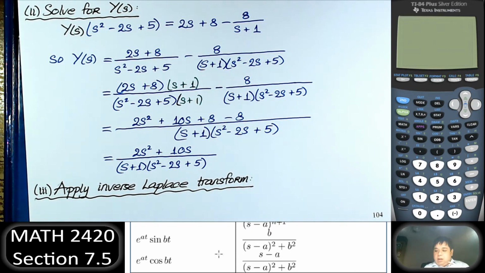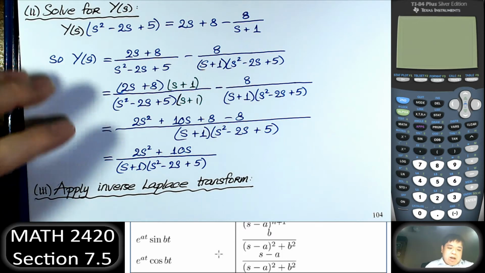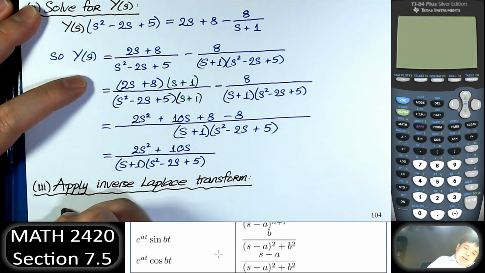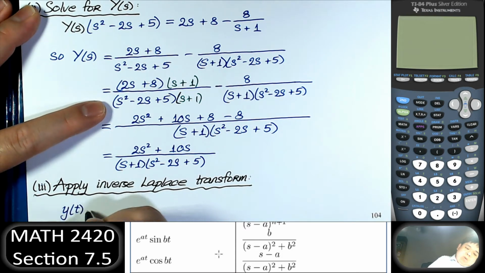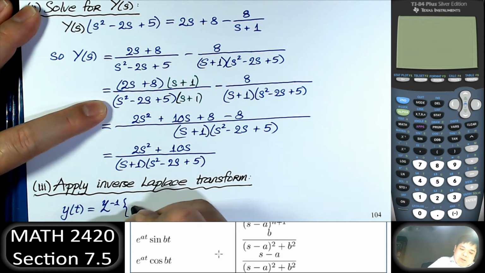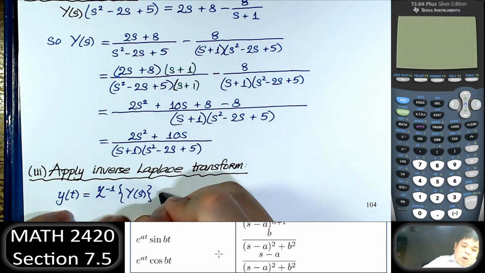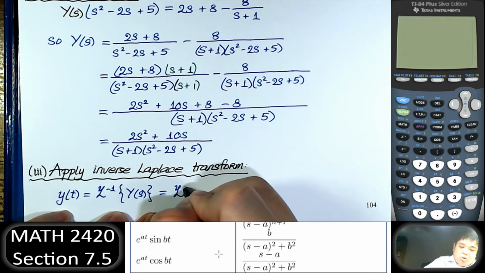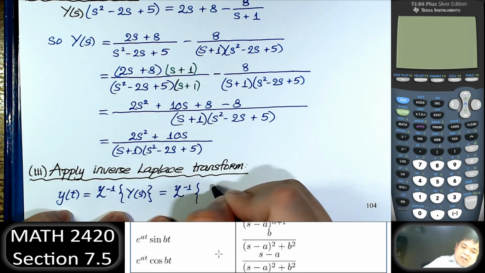Right. So since y of s equal to that, so we have y of t will be inverse Laplace transform of y of s, which is inverse Laplace transform of that.